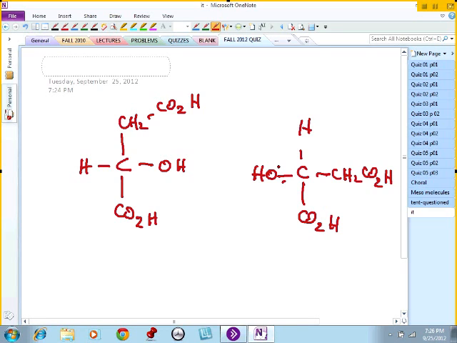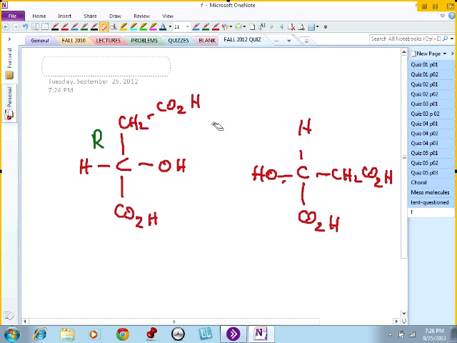Once those requirements are met, the question is, what is the absolute configuration? Supposing after your determination, this is R and this happens to be S. What would be the relationship between them? They are enantiomers, right? In other words, they are not the same molecule.